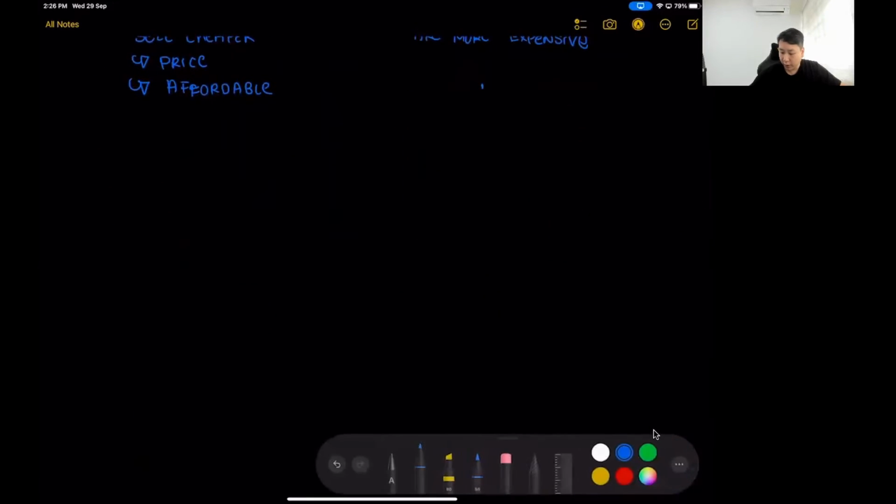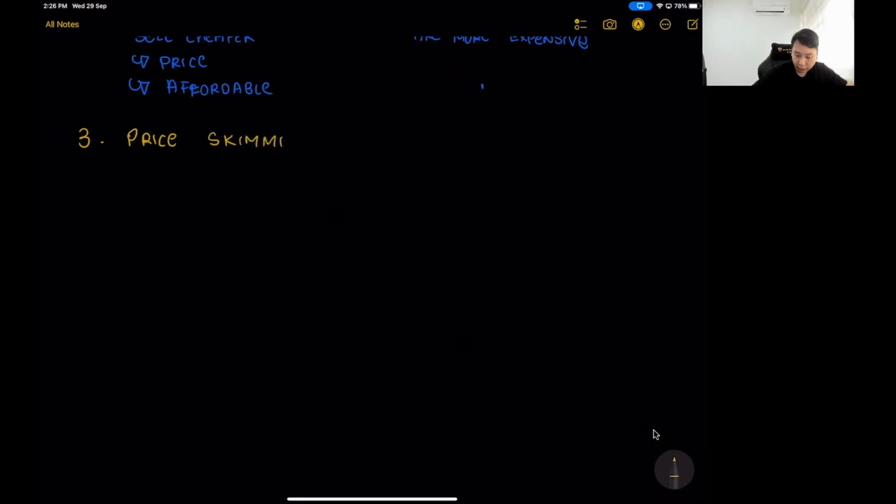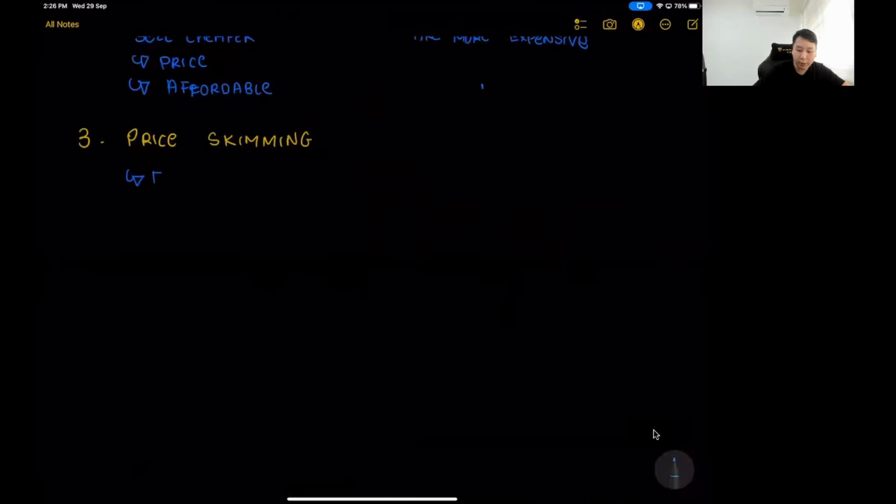Now the third way of pricing your product is what we call price skimming. Now, what is price skimming? One example would be Apple products, the Apple iPhone.